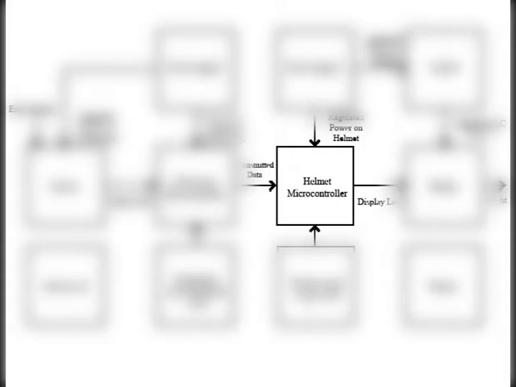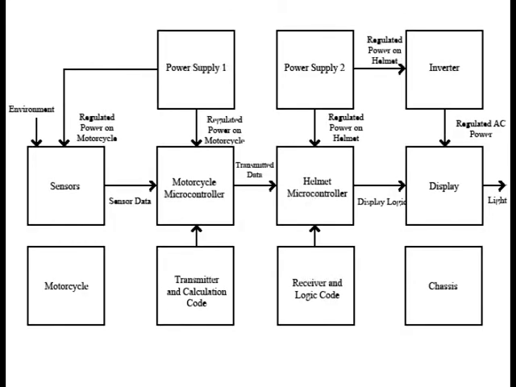The on-helmet microcontroller will be powered by a power supply, and it will manipulate that information and be ready to be put onto the EL or thin film transistor display. The display will be transparent and show the different information to the rider, so that he can see it without looking down from his helmet. The display will also be powered by the power supply, but through the inverter.